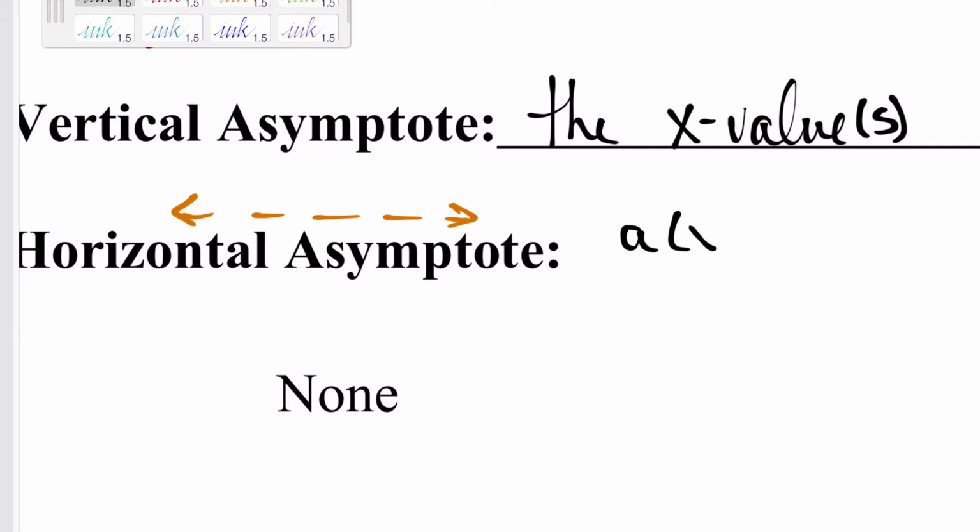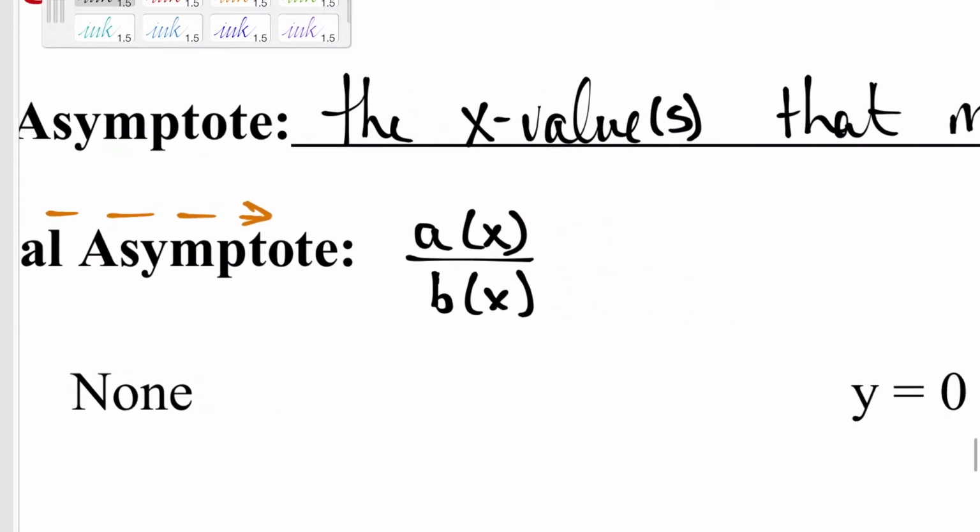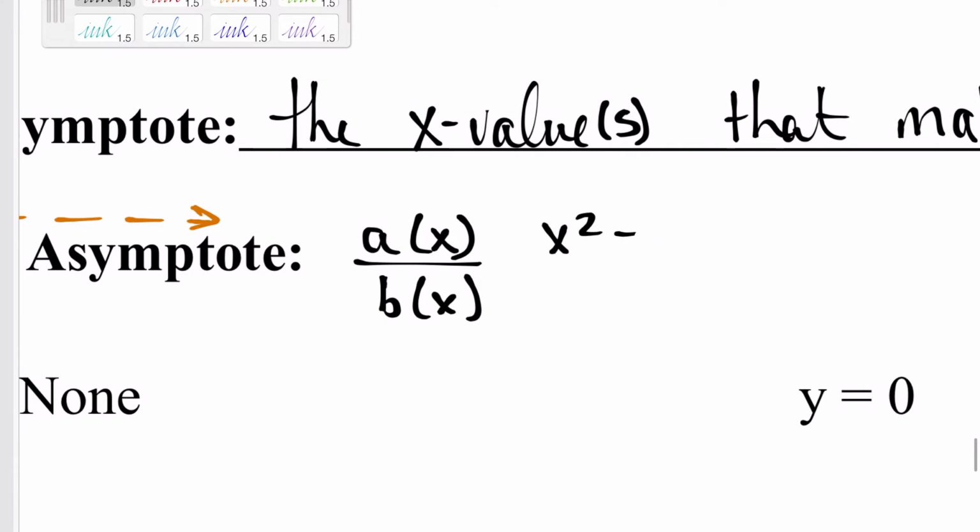Say I have a function with something that looks like a function on top and a function on the bottom, like x squared minus 9 over x squared plus 4x minus 2.